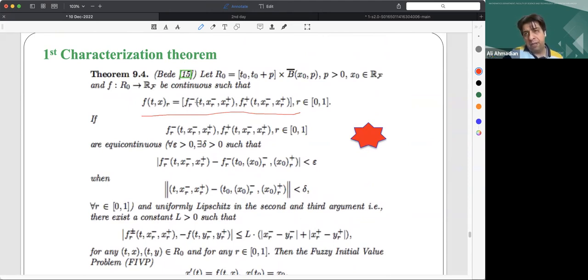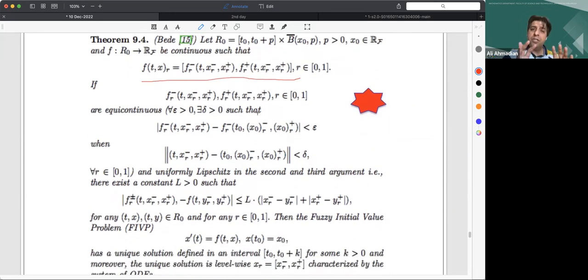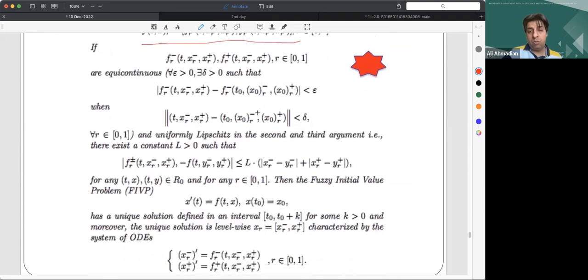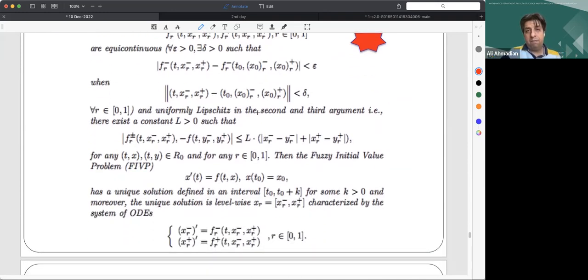We show the left side with the minus, right side with the plus. Okay, under some conditions, I don't want to go through the details of the condition. Under some conditions, we have a fuzzy initial value problem, or FIVP.